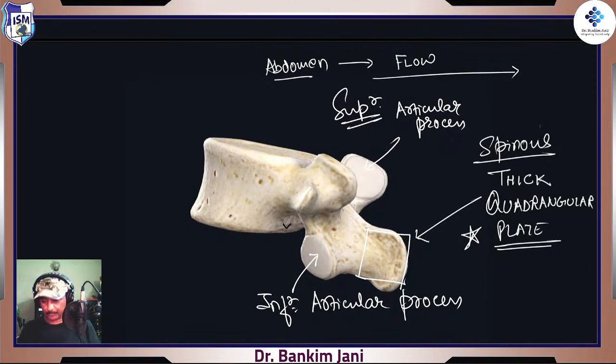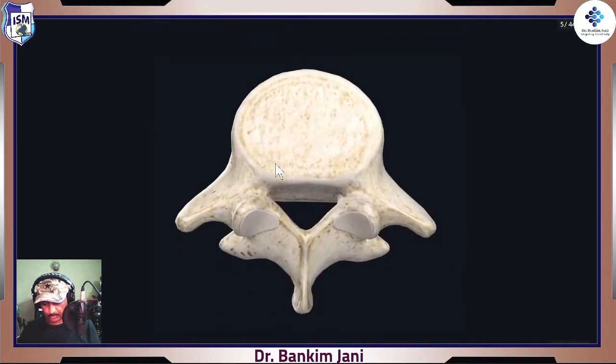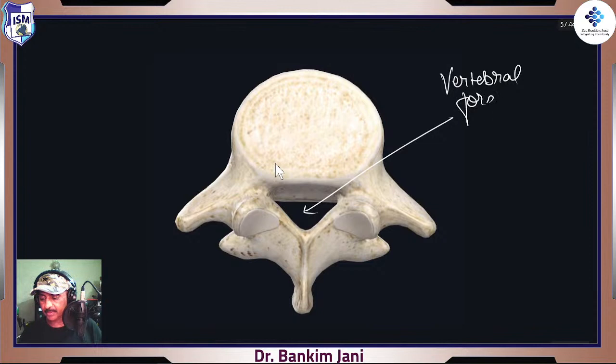The next point: that is the thick quadrangular plate. Now see this portion, this is the vertebral foramen, and it is triangular.